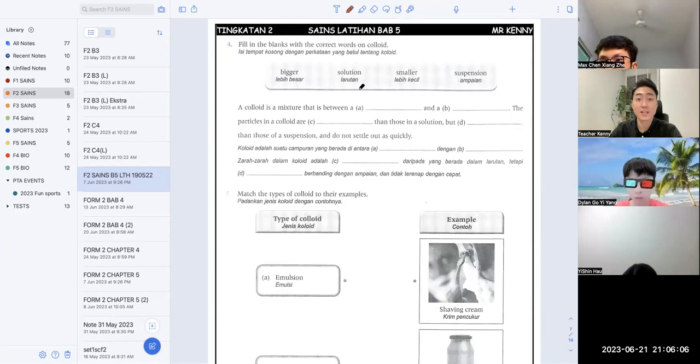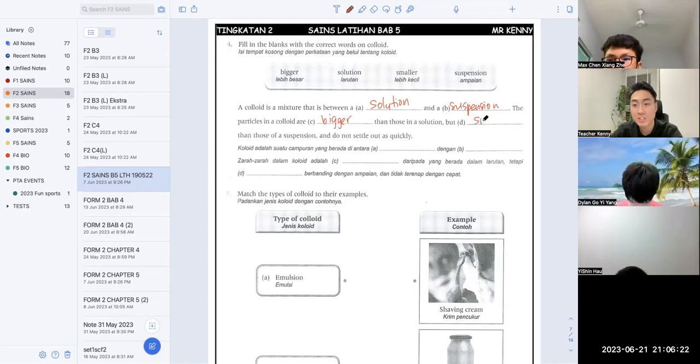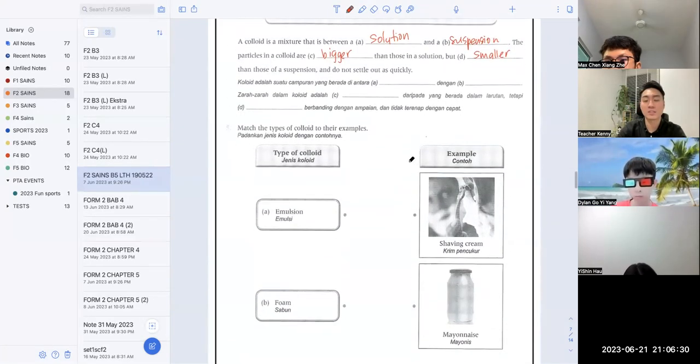Colloid is a mixture between solution and suspension. Right? The particles in colloid are bigger than solution, but smaller than suspension. Next, shaving cream, mayonnaise. Mayonnaise is an emulsion.